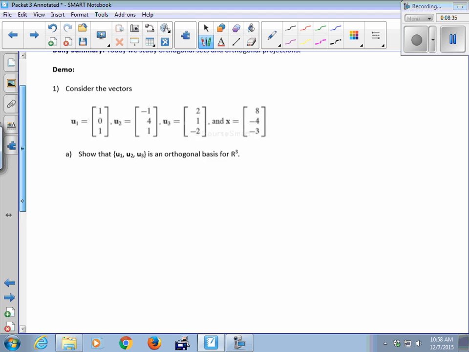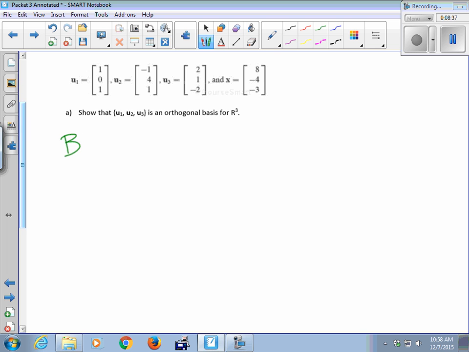Okay, so let's look at basis. I've got to show two things: linearly independent, and spans R3, because it has to be a basis for R3. How do I show those two things? We could put them in a matrix and row reduce. What am I looking for?